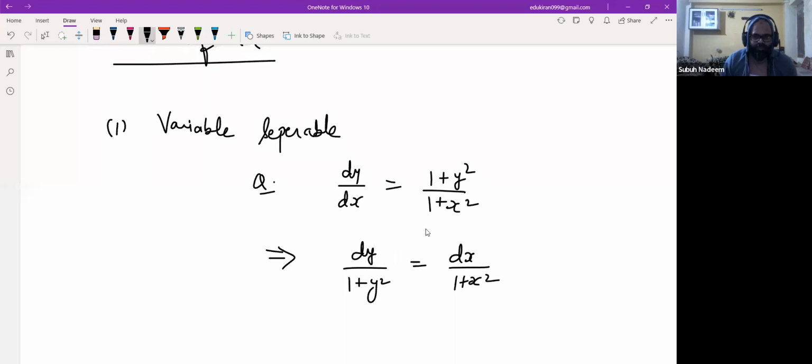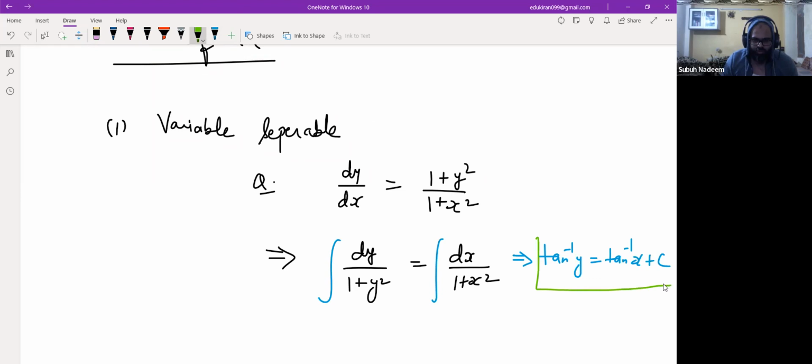That is, 1 plus y square will go in the denominator here and dx will go in the numerator here. Now you will integrate. So this will be tan inverse of y is equal to tan inverse of x plus c. So this will be your answer. So variable separable is this.